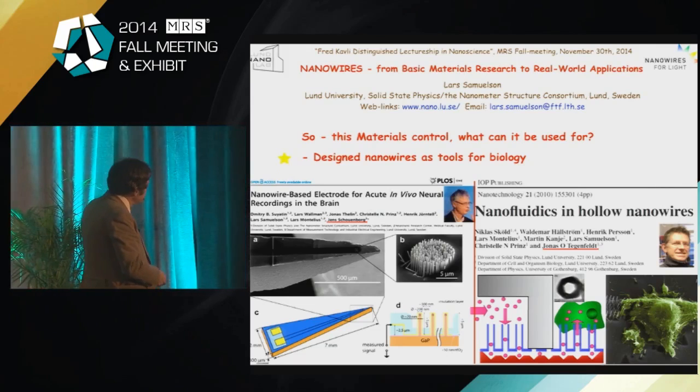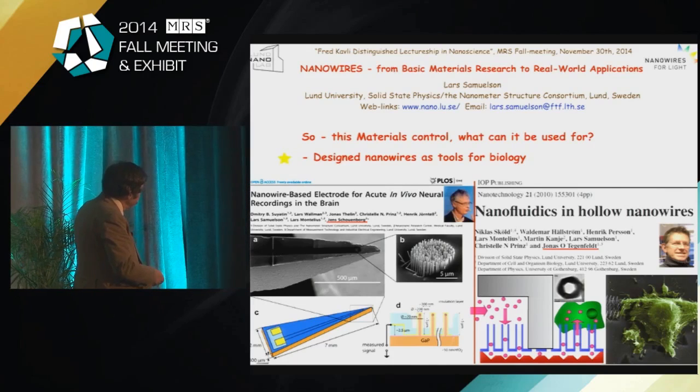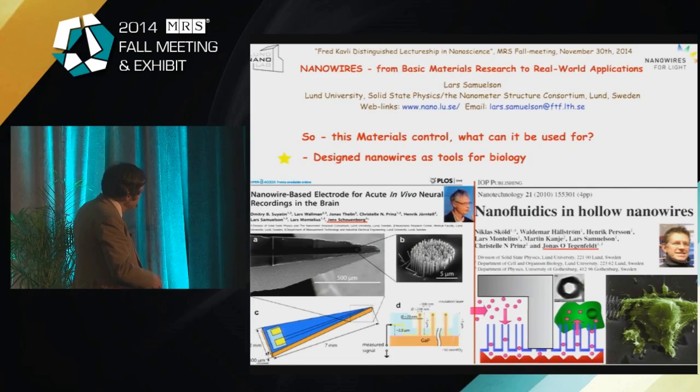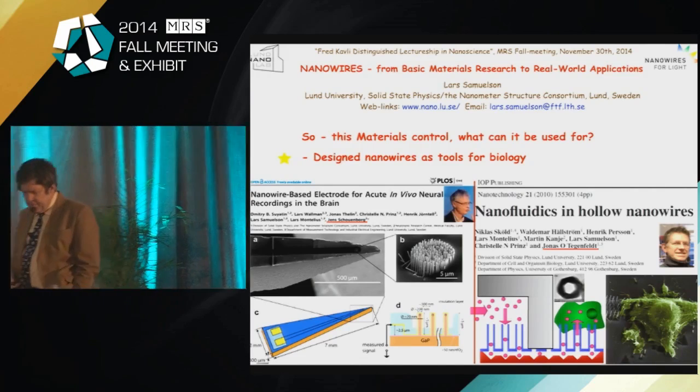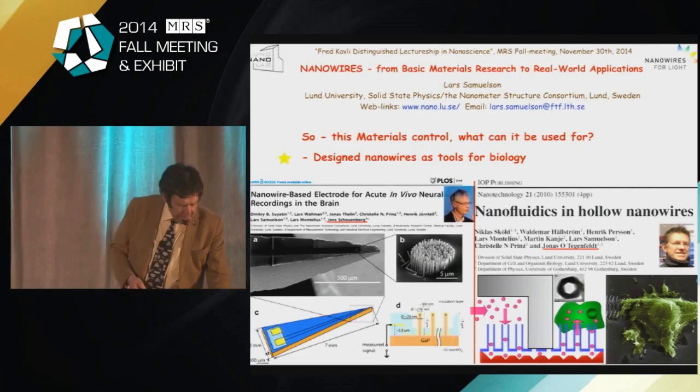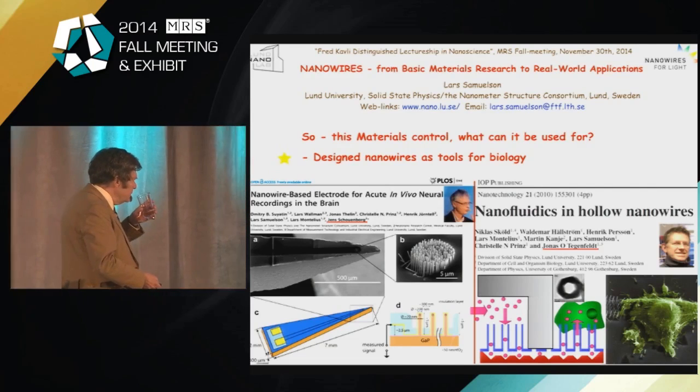And then you can have a supply of chemicals or pharmaceuticals into this microfluidic system, and then make connections into cells and inject and extract liquids, also with some novel designs for pumping fluids through nanotubes.